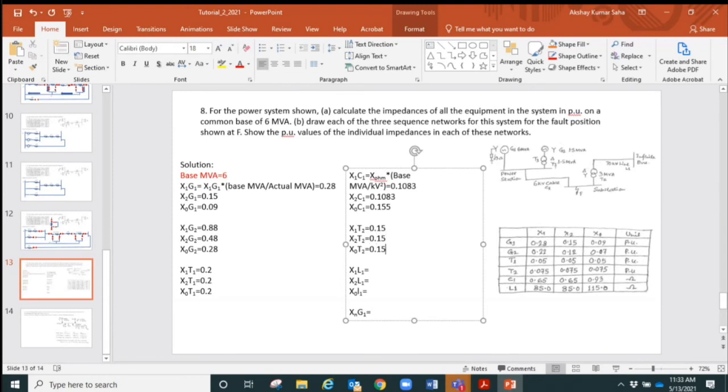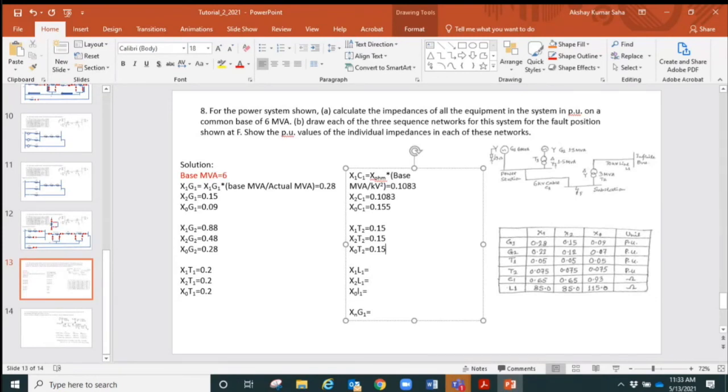Now we need to go to line 1, L1, that is operating at 70 kilovolt, and its reactances are given in the table, but make sure that you take note of the unit. It's again in ohm, not in per unit.